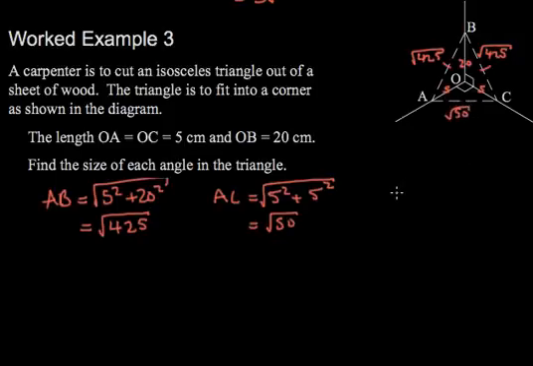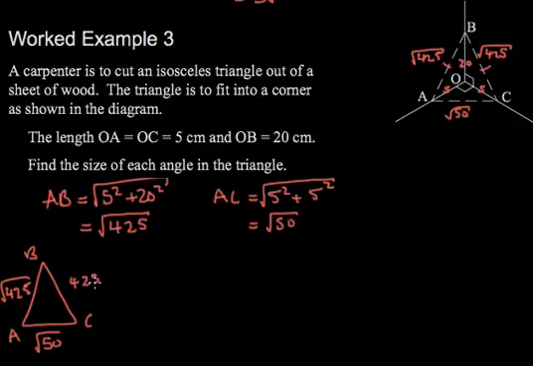Cool. So, to find the angles of this now, I could redraw my triangle ABC with all of the pertinent information on it, square root of 50 and the square root of 425. So how could I use that triangle then to find these angles?